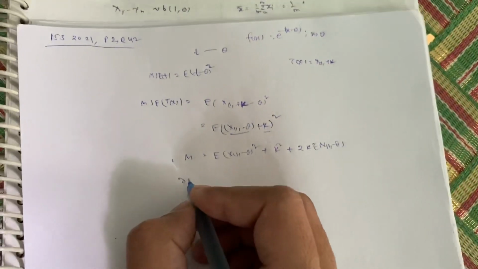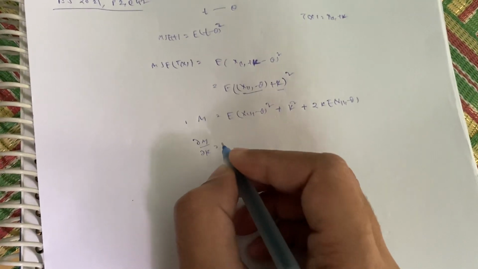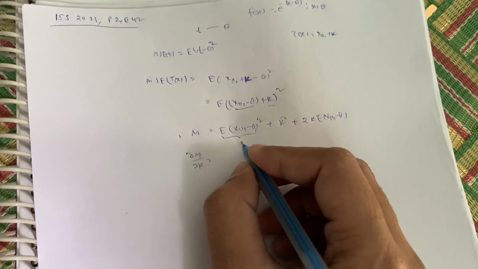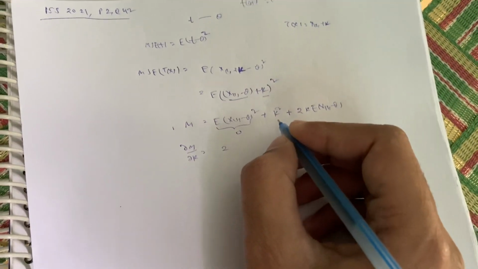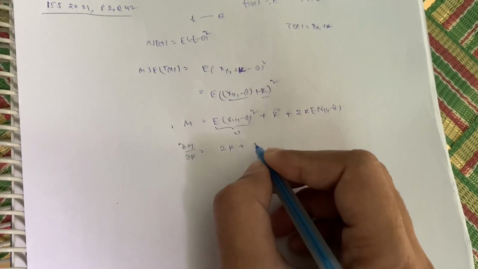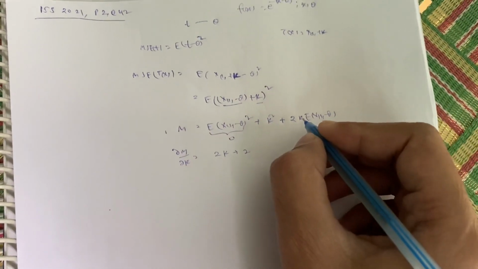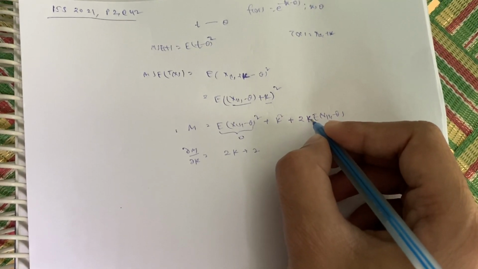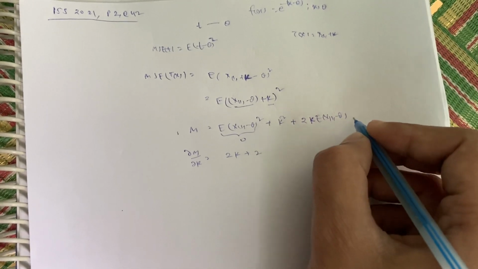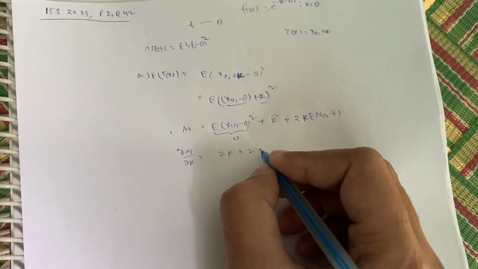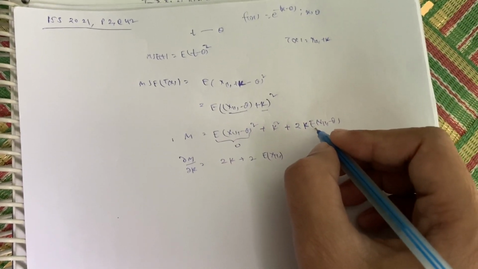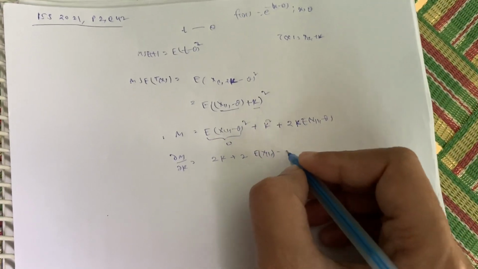So the partial derivative of M with respect to k: the first term is independent of k, so it will be 0. The differentiation of k square will be 2k, plus 2 into the expectation of X(1) minus theta, since the differentiation of 2k is 2. When the expectation goes inside, the expectation of theta is only theta.